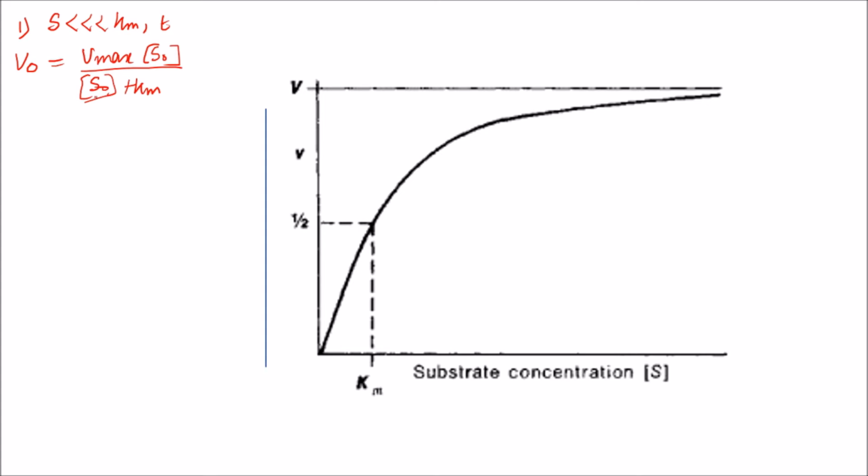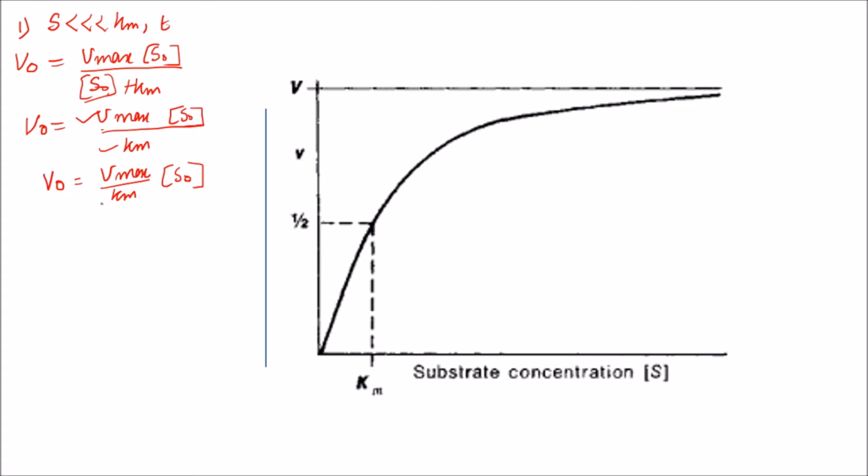So when I ignore it at this point, we will have V naught equals V max into S naught by Km. V max as well as Km, both of these terms are constant. So if we see the equation, V naught equals V max by Km into S naught. So what is the only variable here?